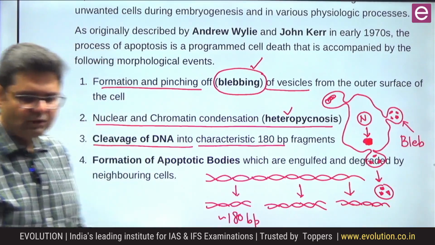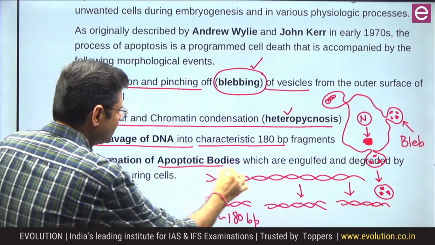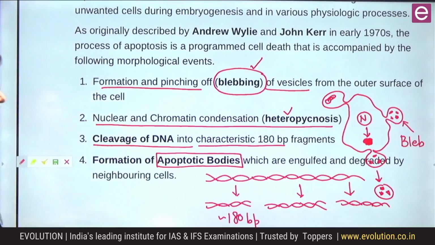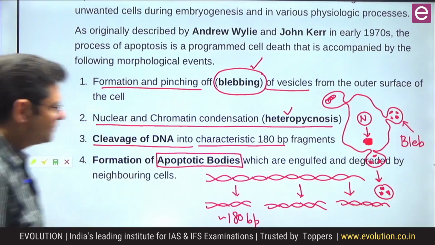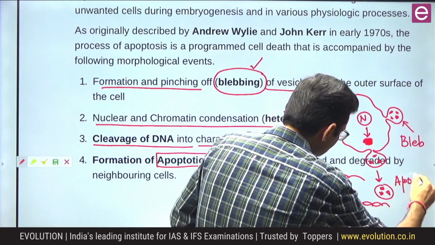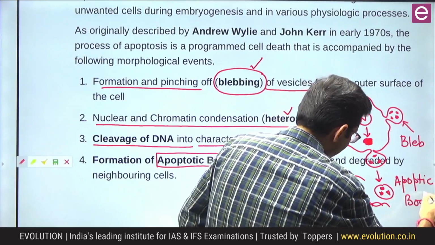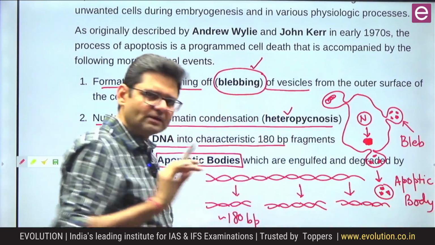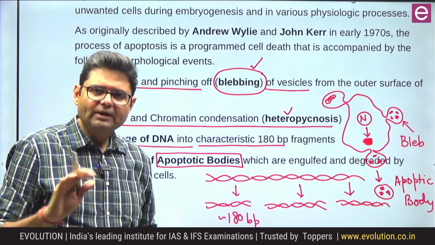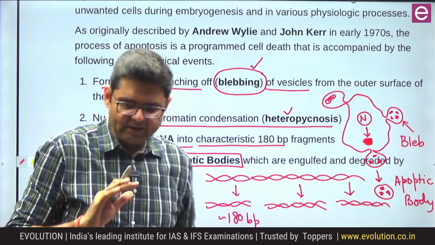And the fourth thing that you will be seeing is that apoptotic bodies will be formed. A bleb, when it is released, is called an apoptotic body. As long as it is attached to the mother cell, it will be called a bleb, and when it gets removed, it will be called an apoptotic body.